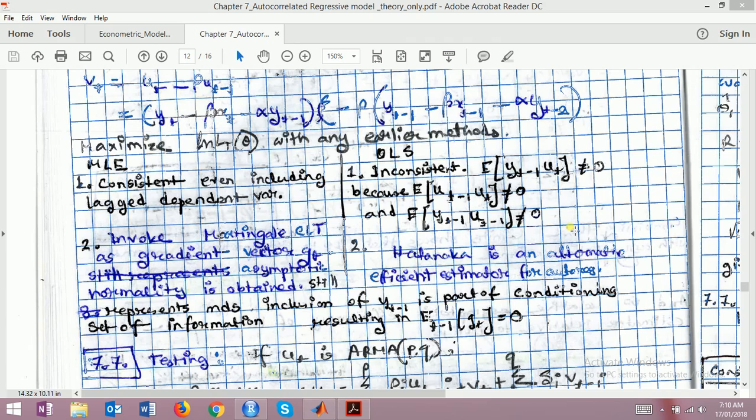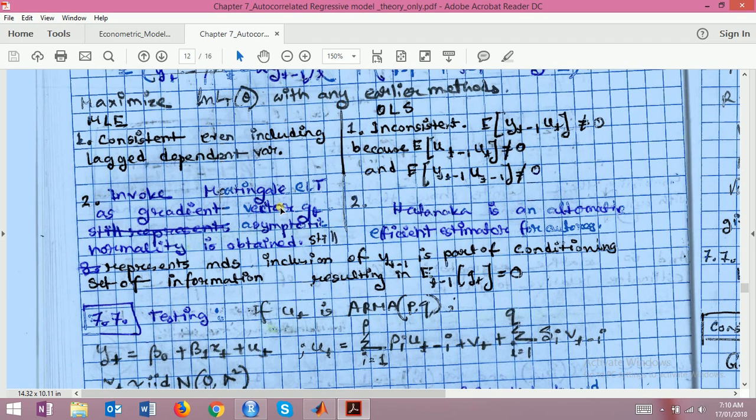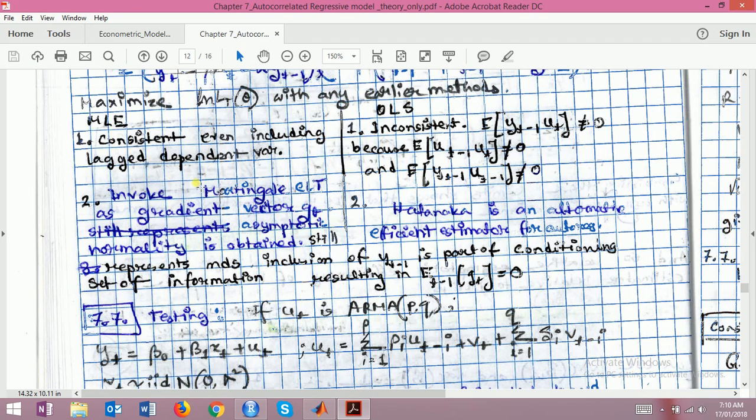So why is the Hatanaka estimator another important estimator, similar to Harvey's estimator? When we are optimizing the log likelihood, the maximum likelihood estimator is consistent even including a lagged dependent variable, whereas OLS becomes inconsistent, because when you include the lags, the regressor becomes autocorrelated with the residual.